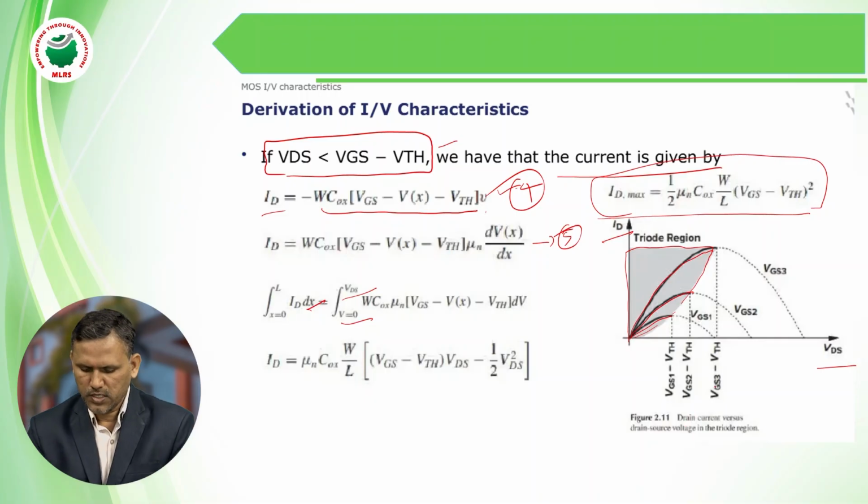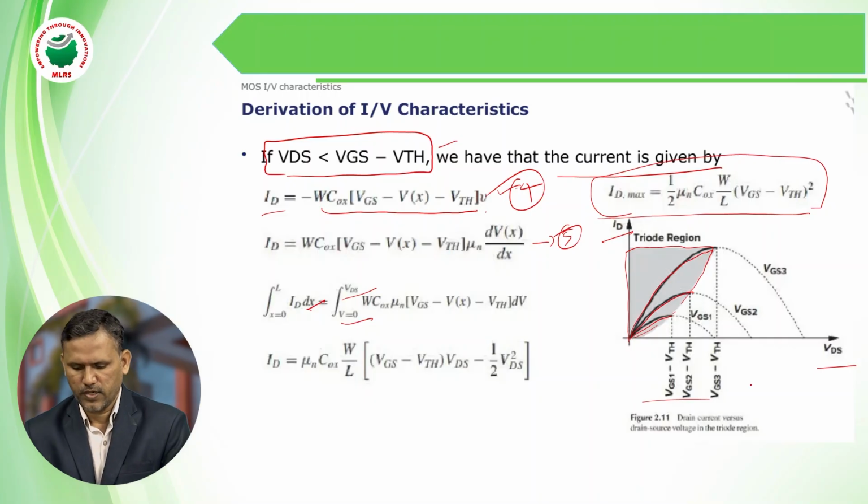In this deep triode region, VDS is less than VGS minus VTH. So that one indicates the ohmic region, resistance region or deep triode region. So this is a graphical representation between VGS, VDS and ID. So this is considered equation 6.